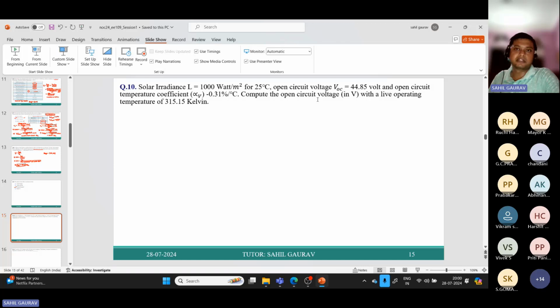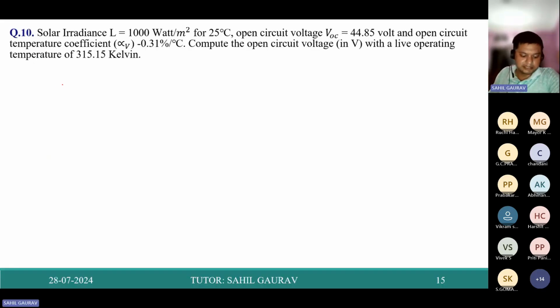Compute the open circuit voltage in volt at an operating temperature of 315.15 Kelvin. We have solved this type of problem, so we can start to solve it.